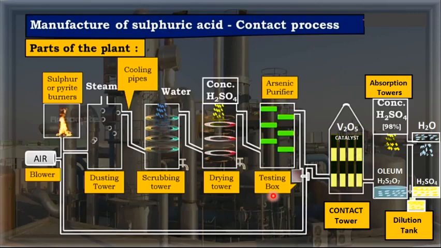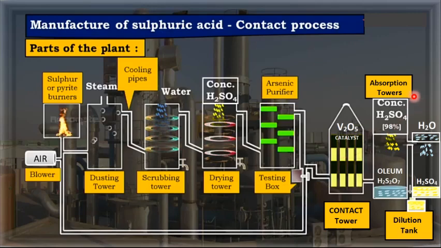Testing box. The testing box is used for checking the remaining impurities and dust particles, if present or persist, because they may poison the catalyst in the contact tower. Contact tower. In the contact tower, sulfur dioxide gas is converted into sulfur trioxide gas in the presence of a catalyst.